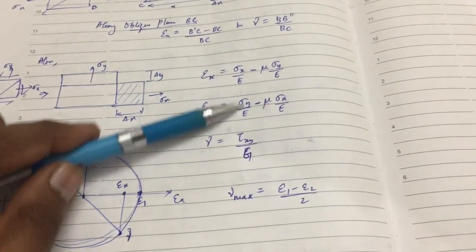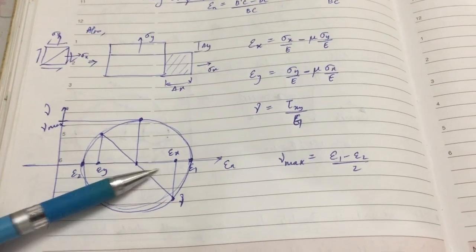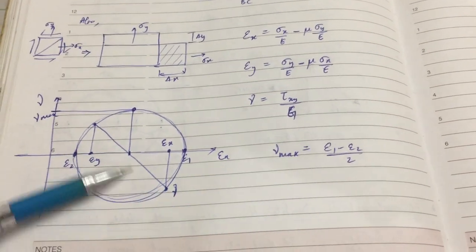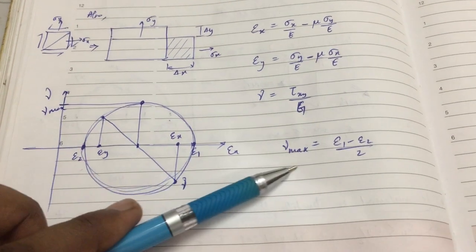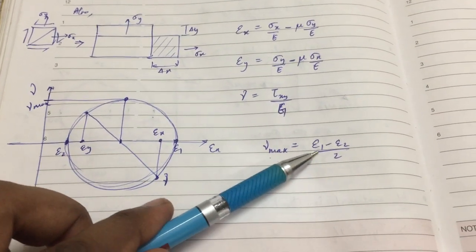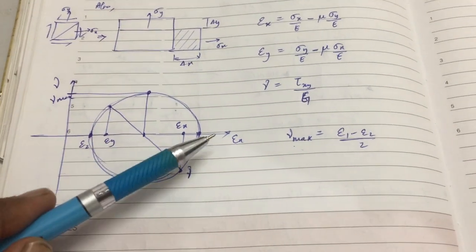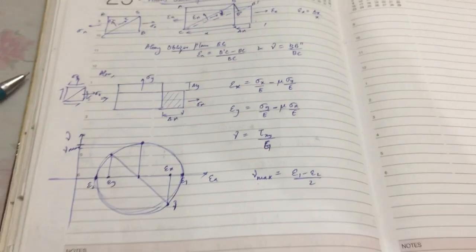So from these cases we can easily plot the Mohr circle for strain, and from this circle we can calculate that the maximum shear strain will be (epsilon 1 minus epsilon 2) by 2, where epsilon 1 and epsilon 2 are the principal strains. Okay, thank you.